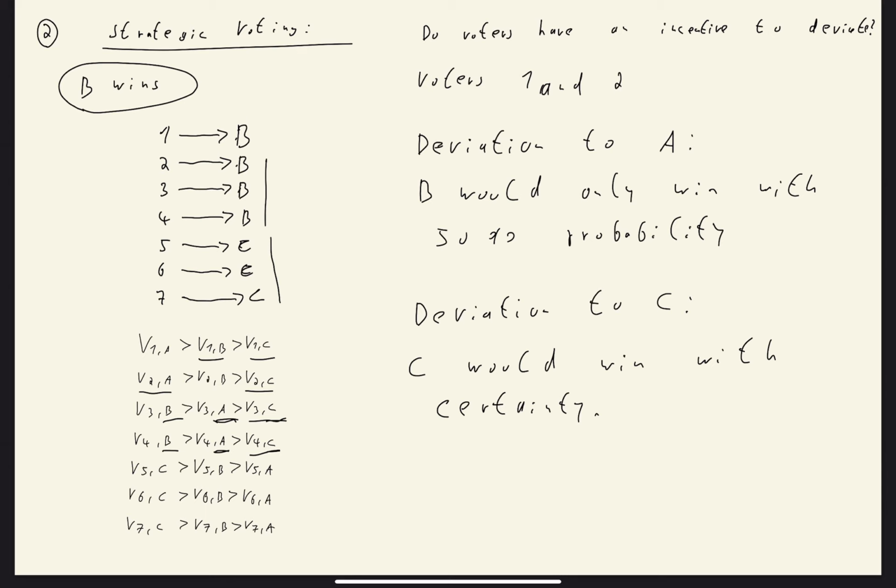Which means that there would be a switch from an outcome where candidate B would win with certainty to an outcome where candidate C would win with certainty. And this is bad for both voters 1 and 2 because they strictly prefer candidate B before candidate C. So voters 1 and 2 do not have an incentive to deviate.